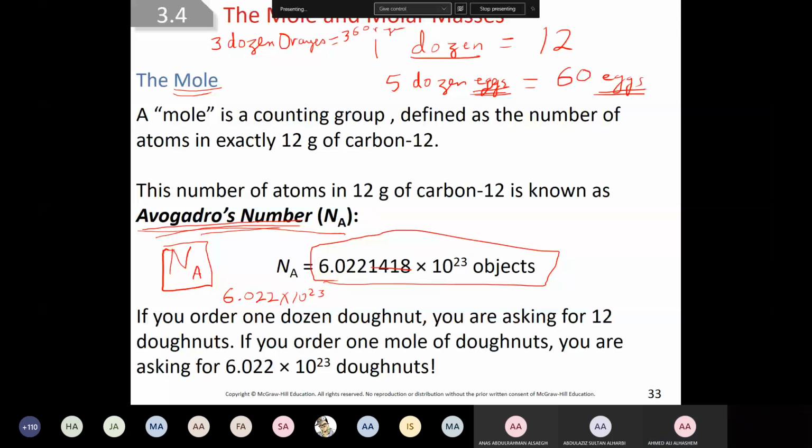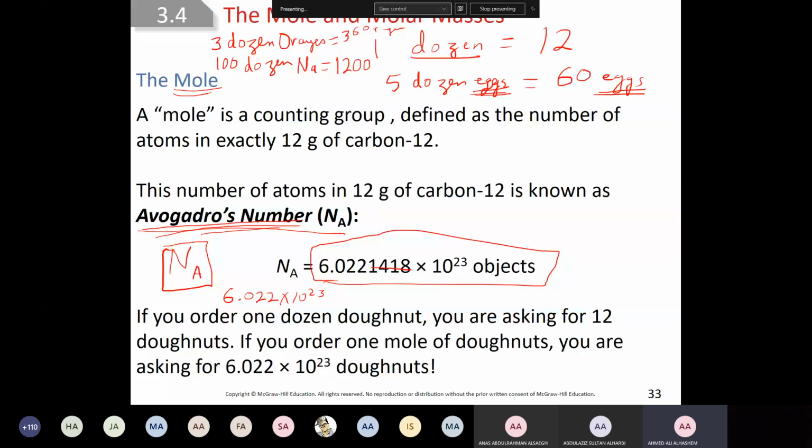If I have 100 dozen of sodium, then how many atoms of sodium do I have? 1,200 sodium atoms.